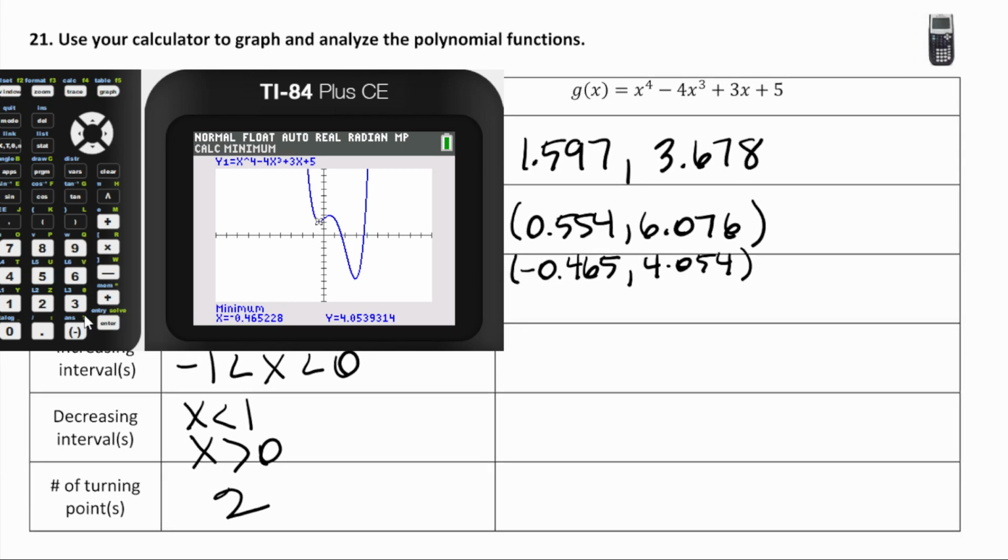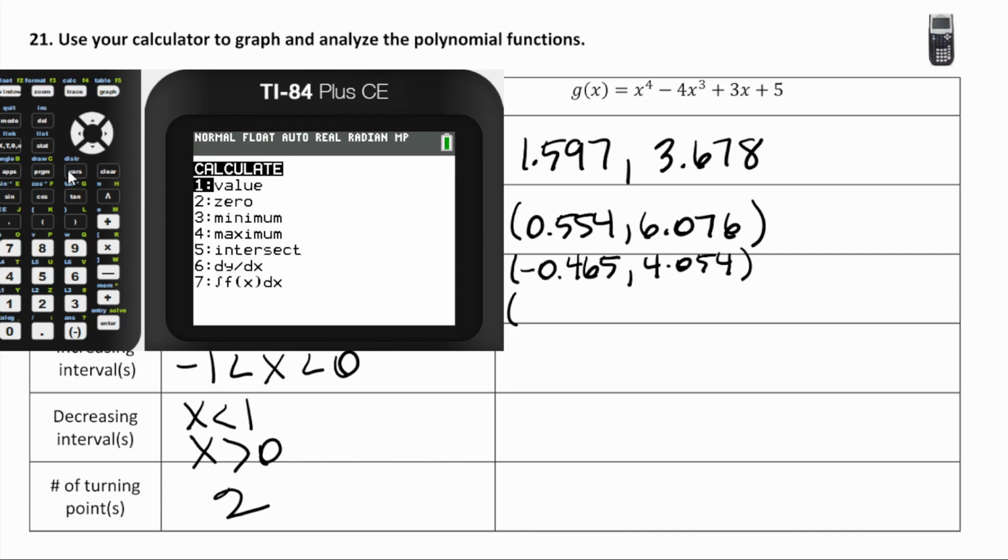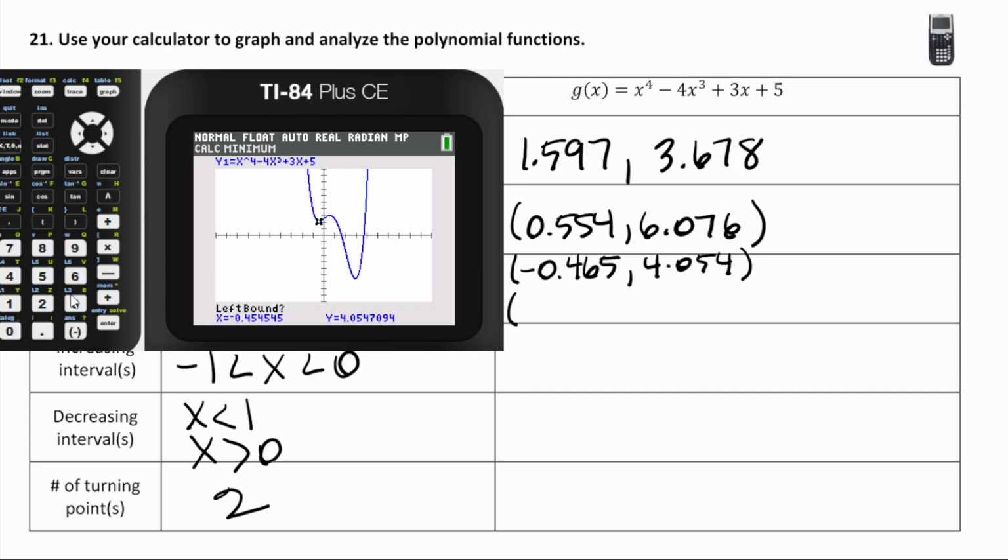That's one of them, but then there's a second local minimum down here at the bottom, what we might call an absolute minimum. So that's going to be number 3 between 2 and 4. That's 2.912. The y-coordinate there is negative 13.13.